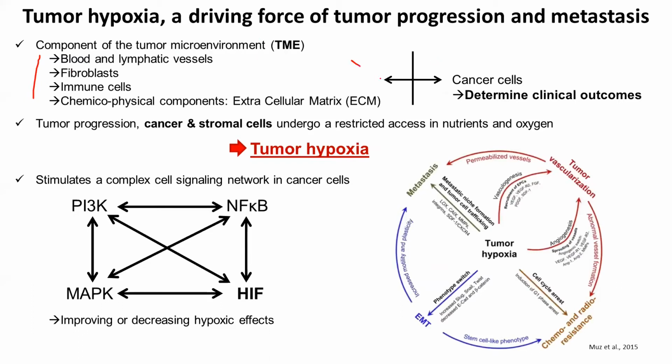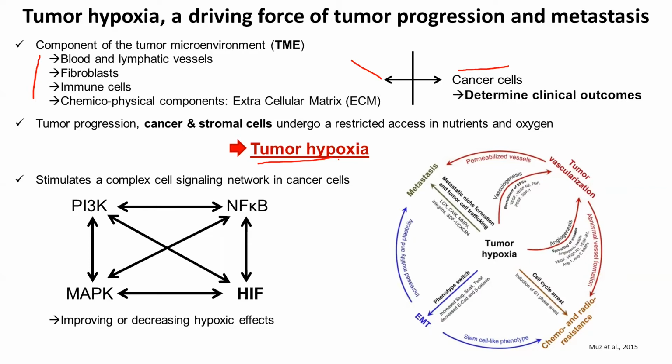The ability of these cells to interact with cancer cells will determine the clinical outcomes. As the tumor progresses, cancer and stromal cells undergo restricted access to nutrients and oxygen. This phenomenon is referred to as tumor hypoxia, whose severity varies between different tumor types.